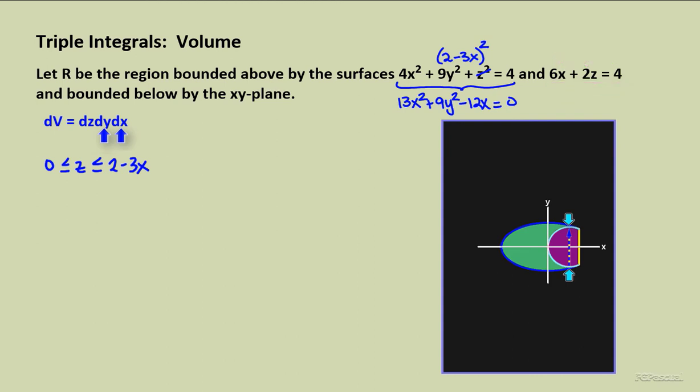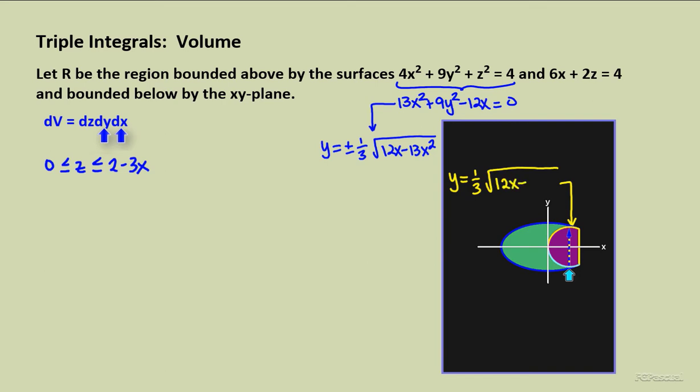We leave the details to the viewer, but solving for y in this last equation, we get y equals plus or minus 1/3 times the square root of the quantity 12x minus 13x squared. The positive square root must be for the upper half, and the negative square root must be for the lower half.